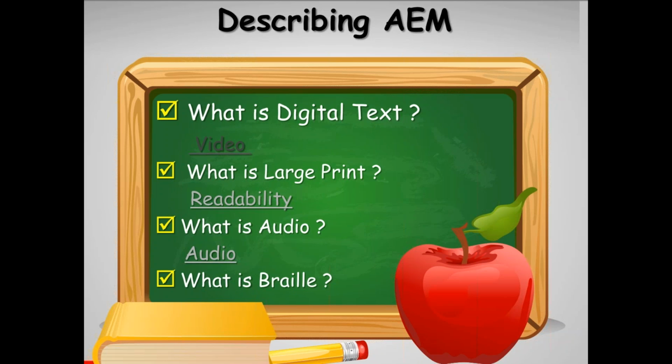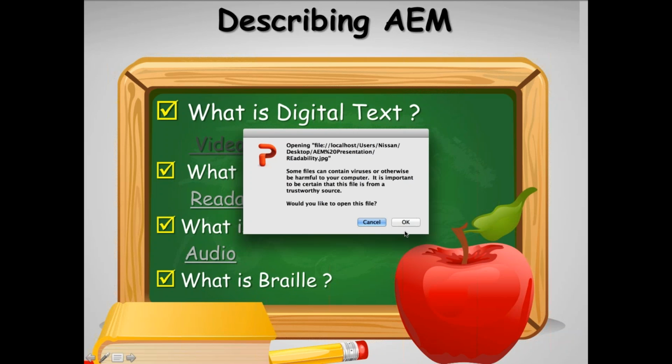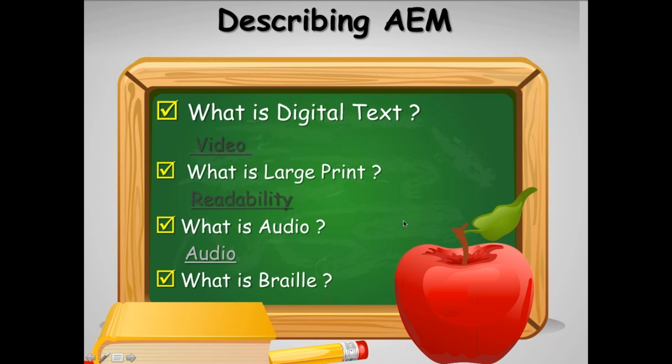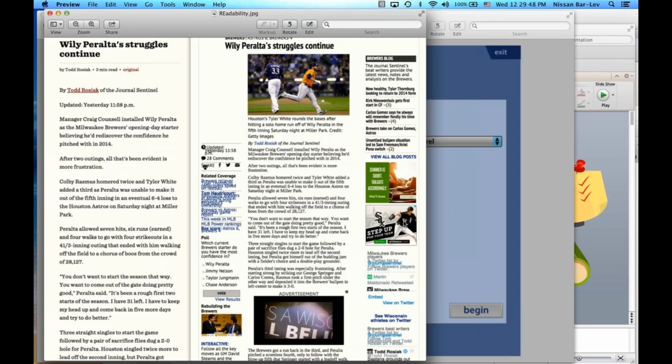I want to show you there is a software called Readability, and I want to show you a picture. Let me just open that, and you'll see on the right, there is a page from a Milwaukee Journal about a baseball player and his struggles. And on the left is what happened when I applied readability software to that.